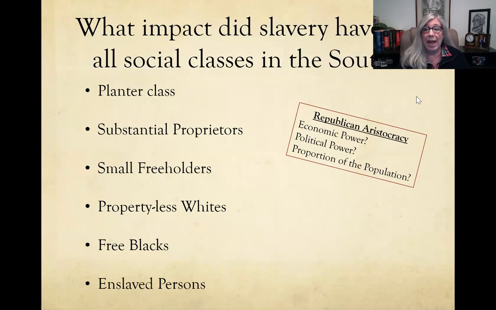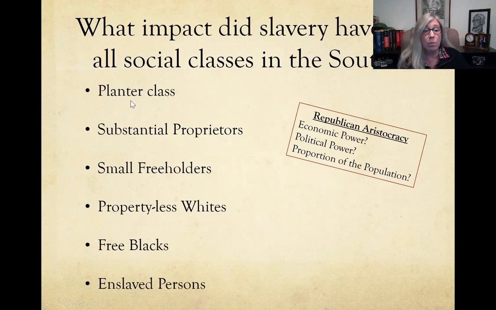Okay, so if we look at the American South and we're looking at the social hierarchy within the South, we've talked about this a little bit more with the North when we talked about the emerging middle class during the industrial age. In the South, we've still got very little middle class. You've got the wealthy white Southern planter class. These would be the slaveholders.